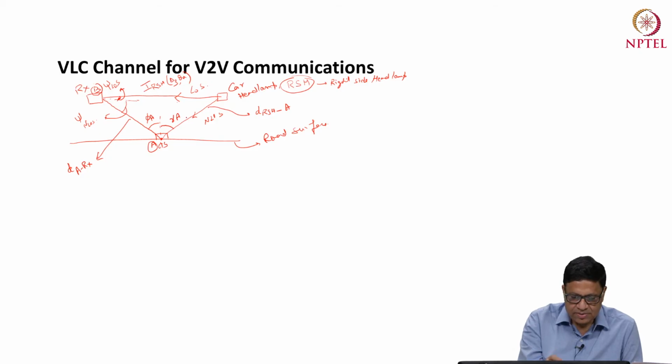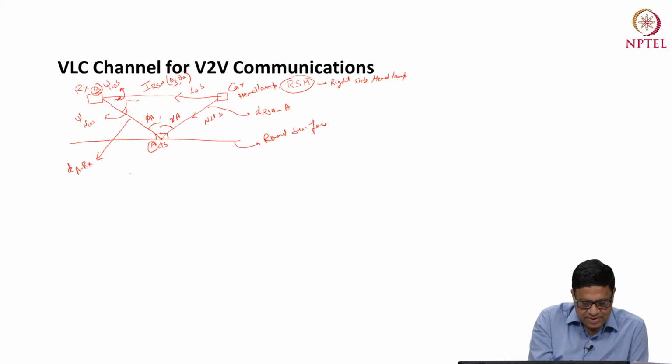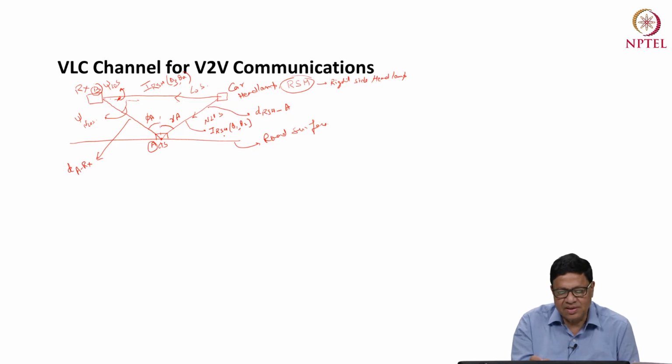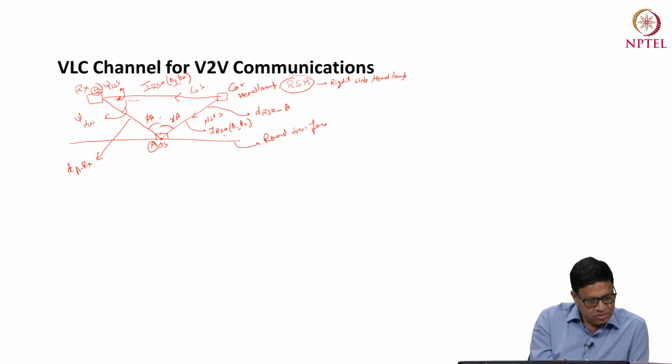And this is IRSH, and now let us write, so there, this luminance IRSH will be a function of theta 1 and theta 2. This was a function of theta 3 and theta 4. So as I mentioned, these thetas are the horizontal and vertical angle with respect to the axis of the lamp.